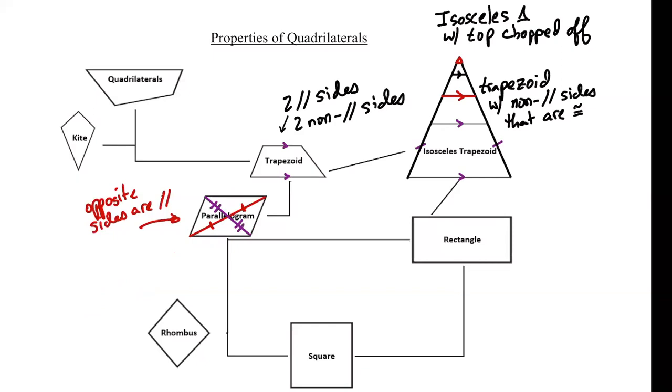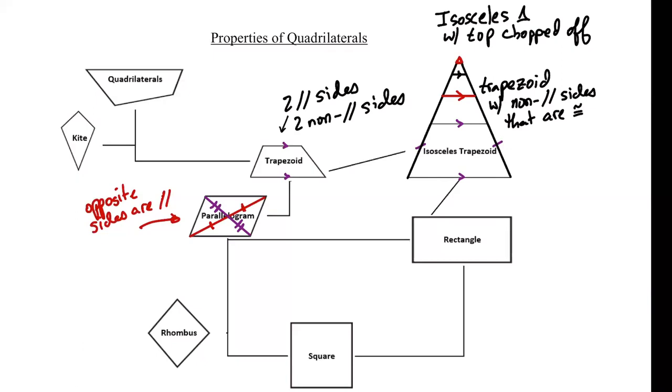Now, it definitely plays out. We can prove it, but maybe that's a conversation for later. If opposite sides are parallel to one another, they must also be congruent to one another. So that's something that we could prove later on, but that's another property of parallelograms.